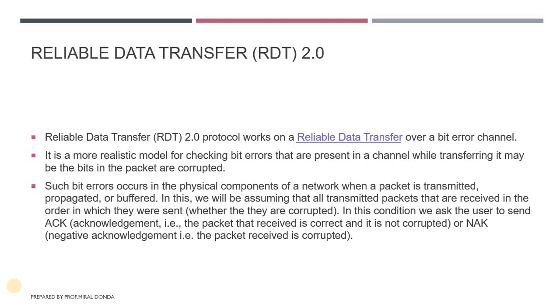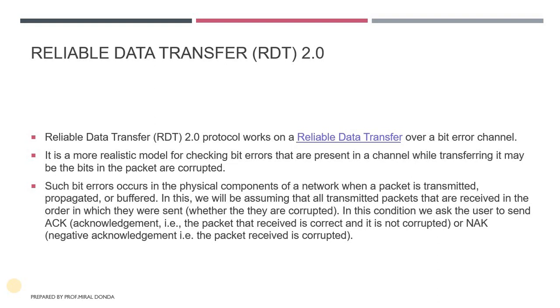Here we are assuming that all the transmitted packets are received in the order in which they were sent. We assume that I sent the message and it is successfully received by the receiver. But that does not happen every time.